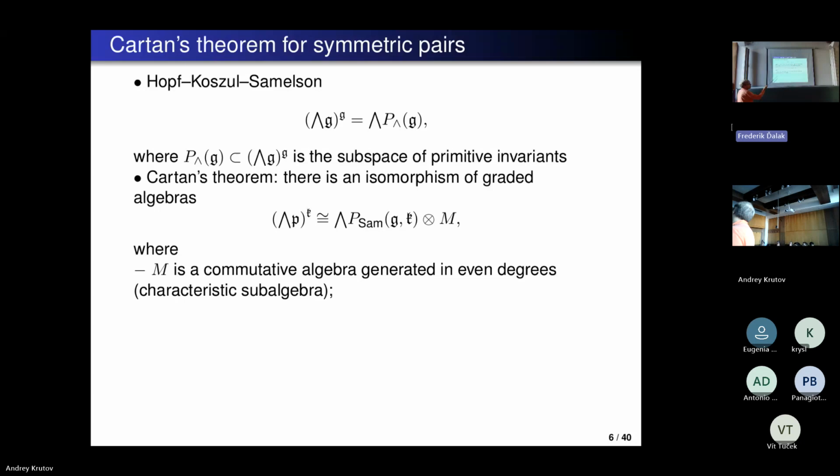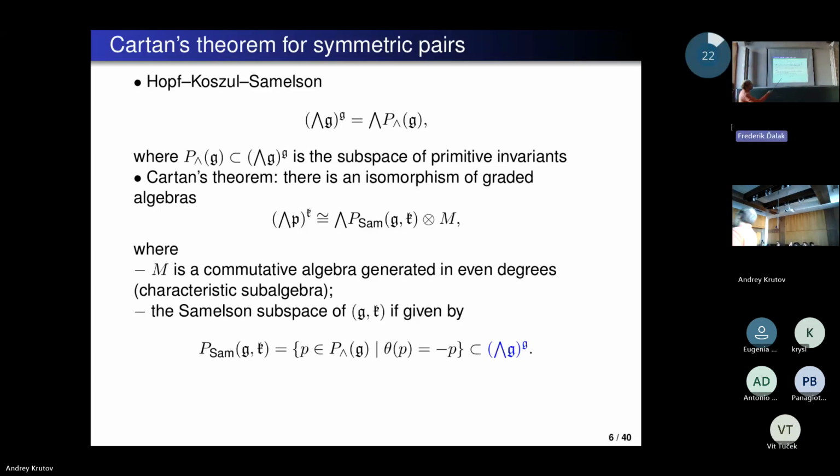This commutative algebra is now generated in even degrees. It's called the characteristic algebra. And usually, when you speak about a very nice symmetric space, for example Grassmannians, these will be exactly the algebras that give you Schubert calculus.